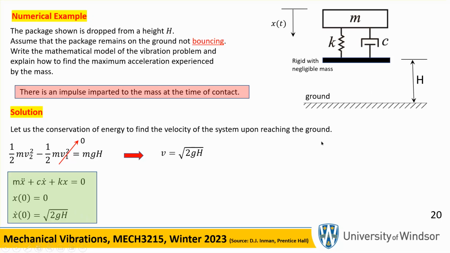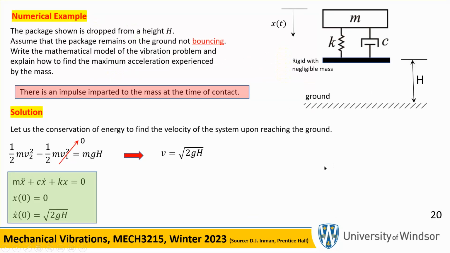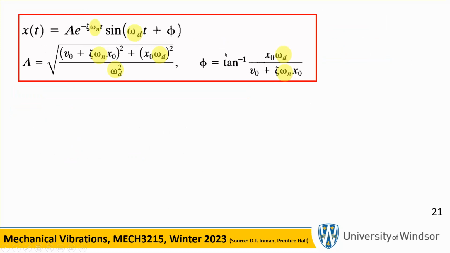There is an impulse that must have been applied to this block. So here's the situation. This is the equation. Notice that I'm not using anything in particular as far as the value of the impulse, etc. The velocity suddenly changes with respect to the base, and we know how to handle a problem like that.